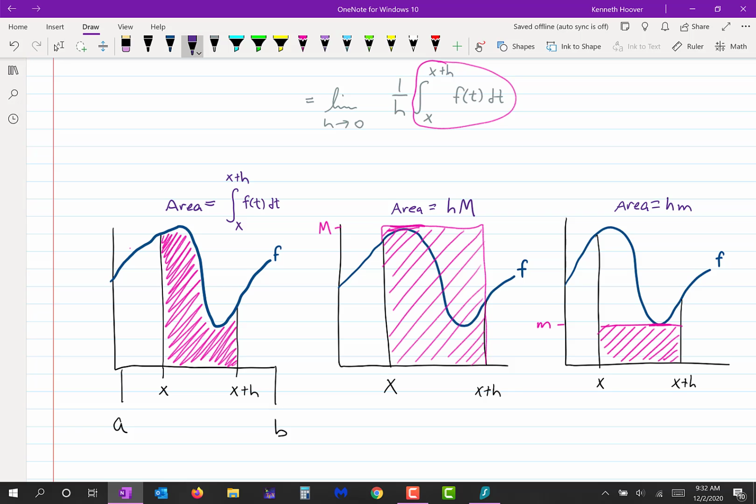Okay, now think about this for a minute. Just look at the pink areas. The first one is oddly shaped, but the second and the third one are rectangles. Okay.